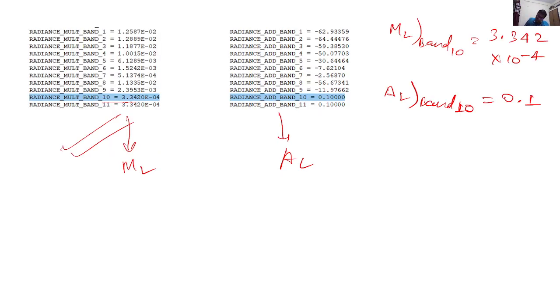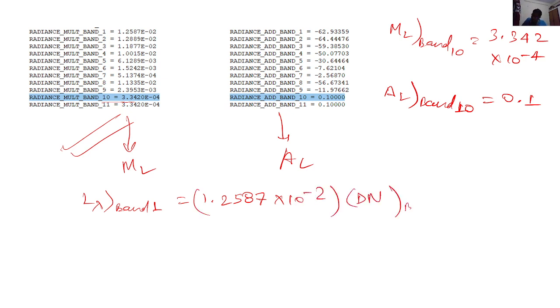Okay, so how do we solve L lambda for, let us say, band 1? It would be taking the coefficient for it, 1.2587 times 10 to the power minus 2, times the DN, which is available in band number 1, minus 62.93359.